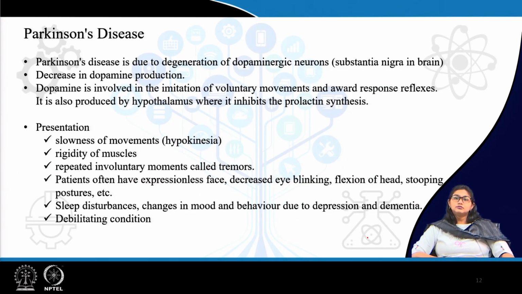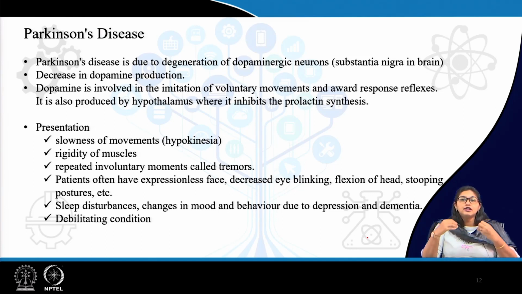Now, there are disorders related to these catecholamines, epinephrine, norepinephrine or dopamine. As I told you, a very common disease we all know, Parkinson's disease, is related to dopamine deficiency. Now, why dopamine deficiency?